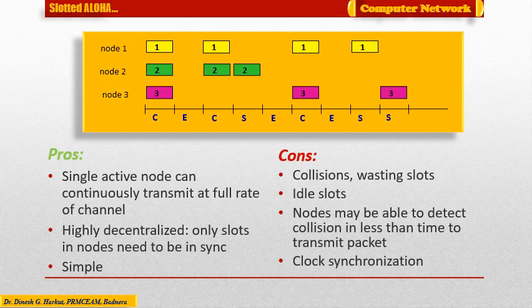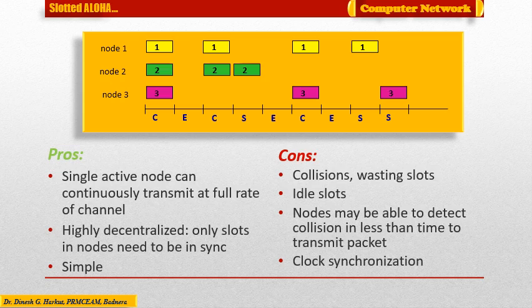That is, a node is said to be active if it has a frame to send. Slotted ALOHA is also highly decentralized because each node detects collision and independently decides when to retransmit it.